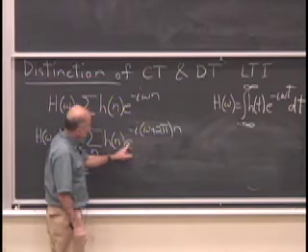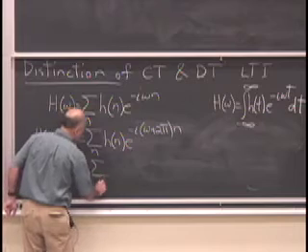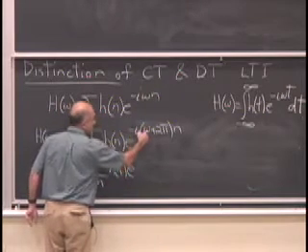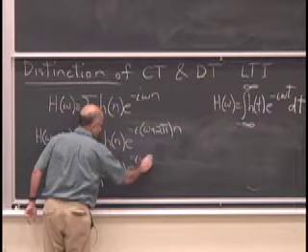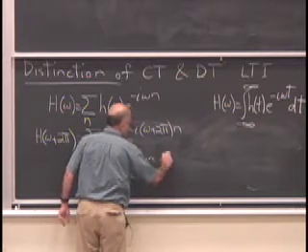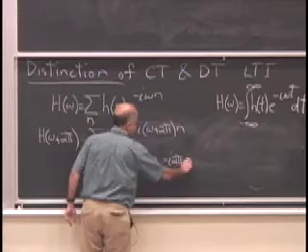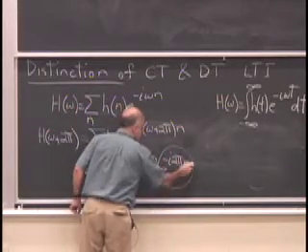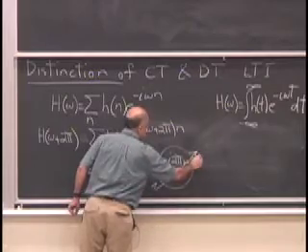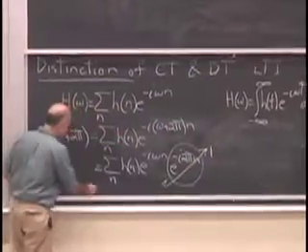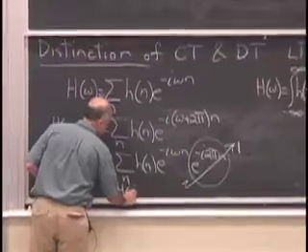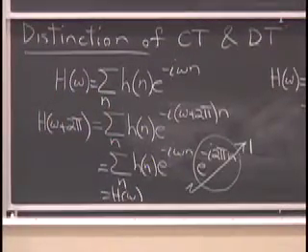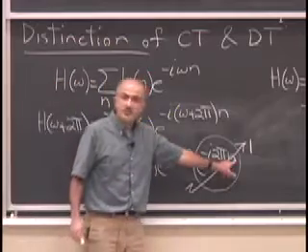Now you rewrite this as the sum of h of n e to the minus i omega n and e to the minus i 2 pi n. And what do you know about this? It's 1, because n is an integer. And because it's 1, you get H of omega.